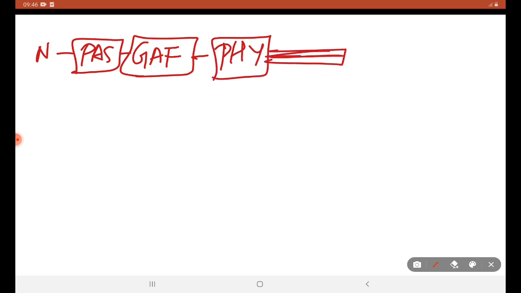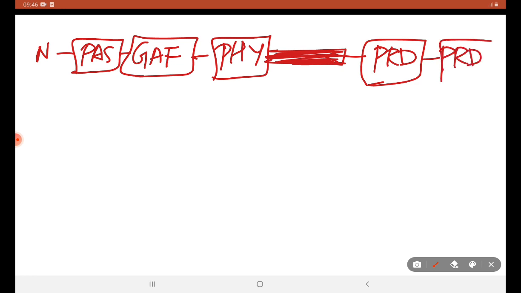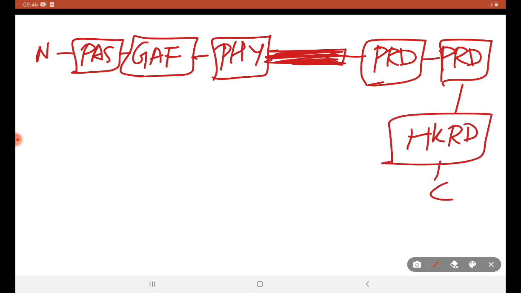This is the hinge region, covalent linkage. It is attached with the PRD domain, and it is again attached with the HKRD domain. It is the C terminal side.